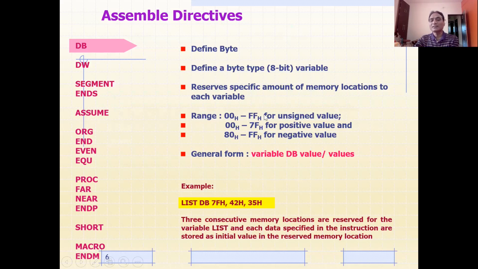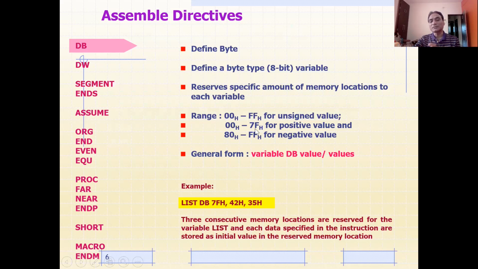And what is the range? If it is an unsigned value, then you can have 00 to FF. If you are talking about signed values, 00 to 7F is going to be considered positive values, and 80 to FF is going to be considered negative values, because the MSB is considered as the sign bit.